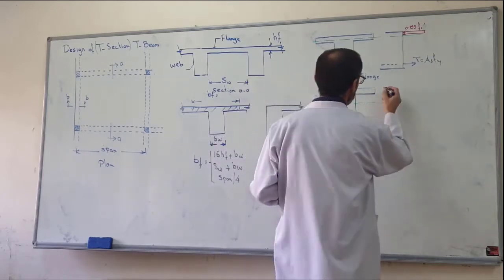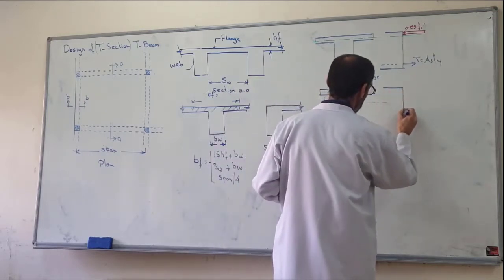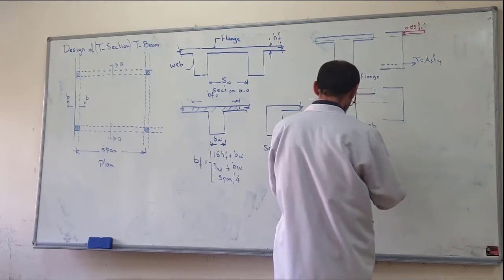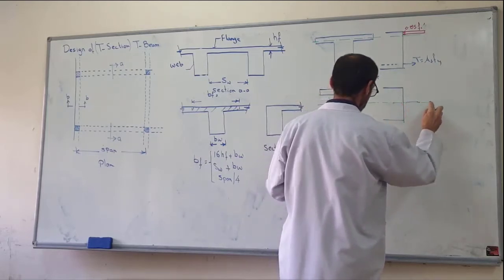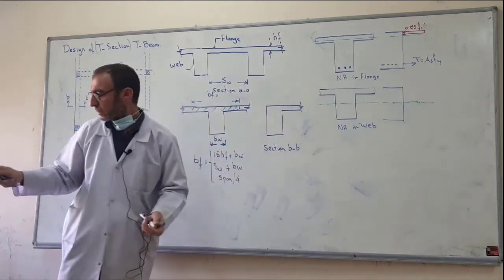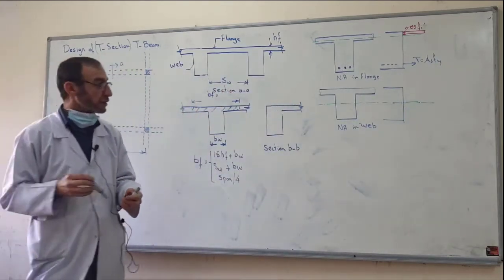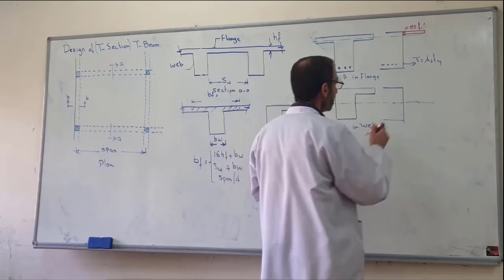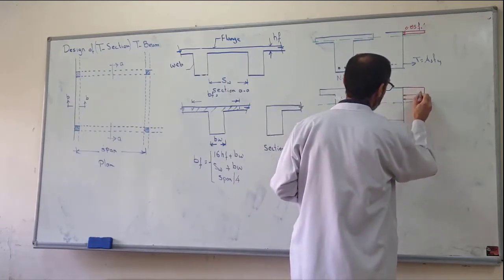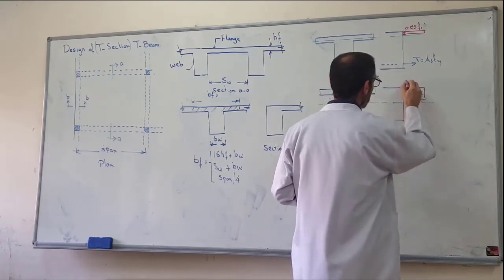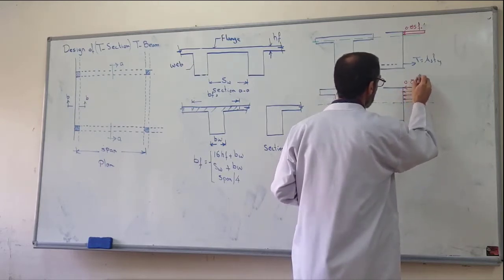If it is located in the web and flange, this is the neutral axis. This is 0.85 FC prime.